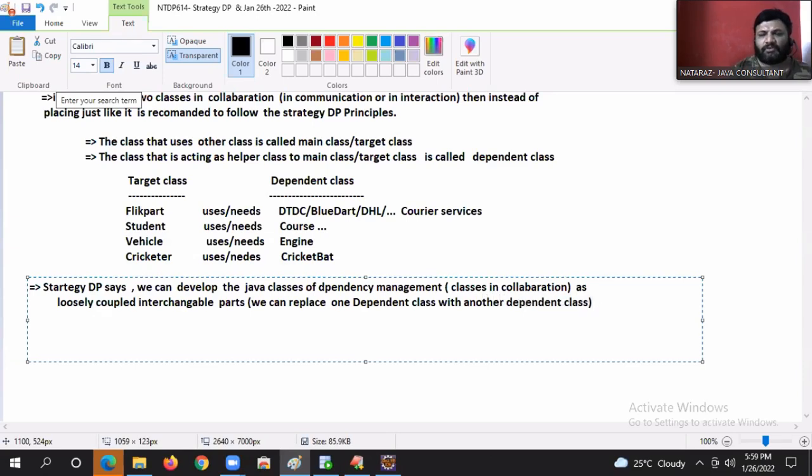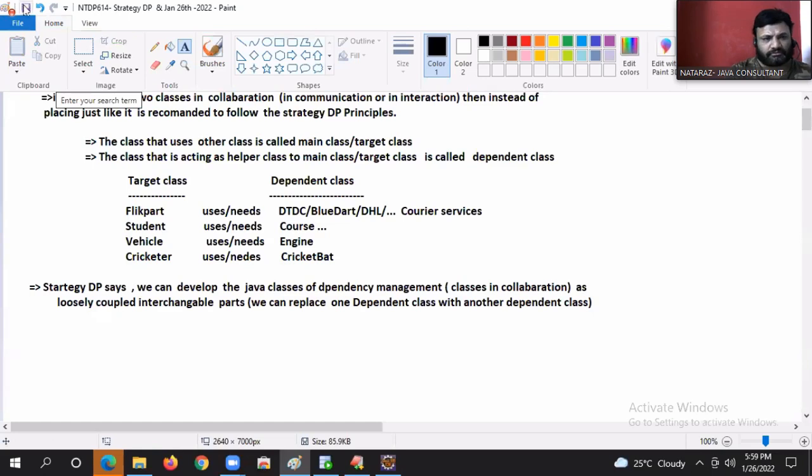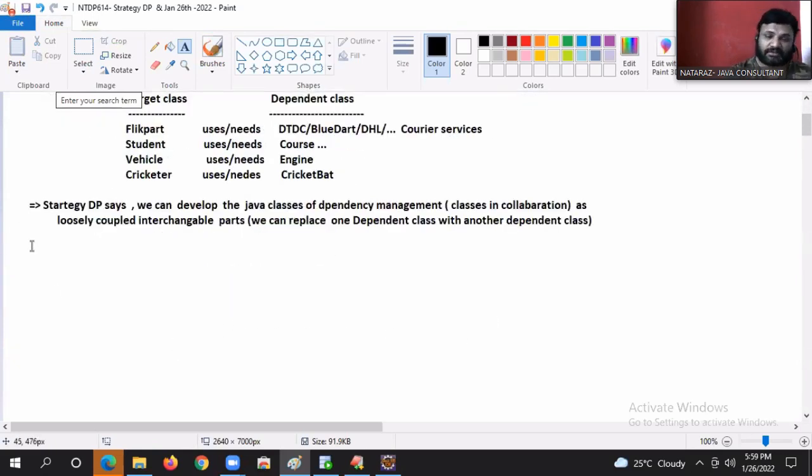We can replace one dependent class with another dependent class. Yes, this is what loosely coupled interchangeable parts means.